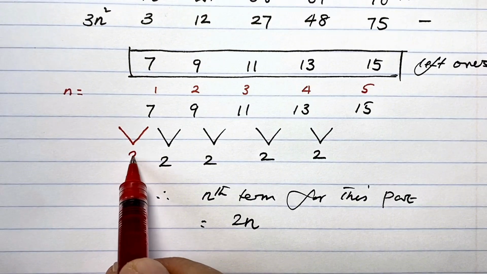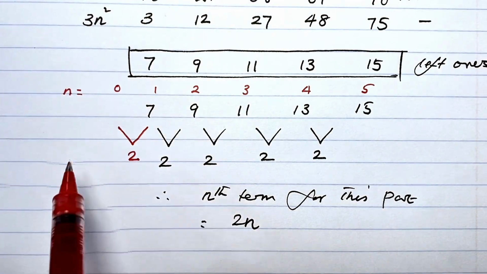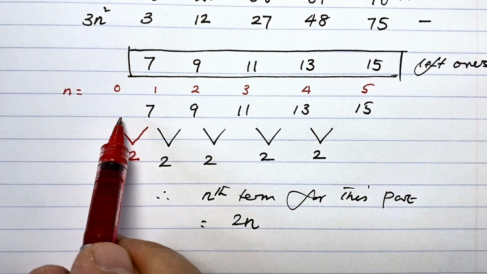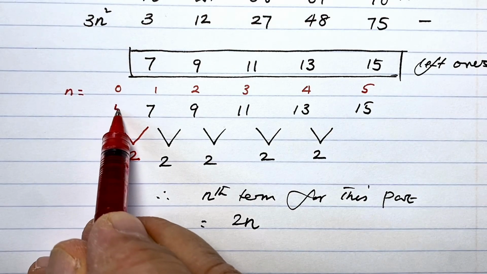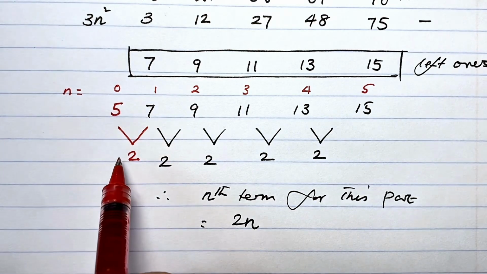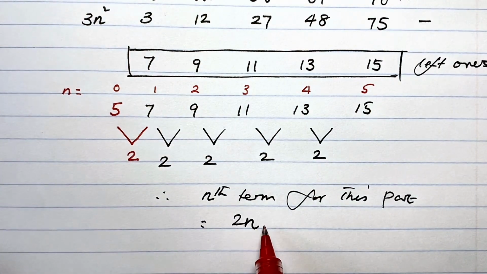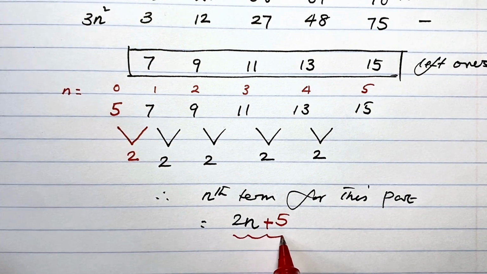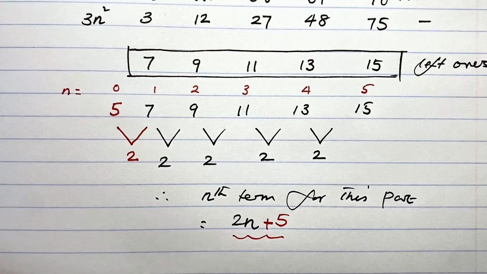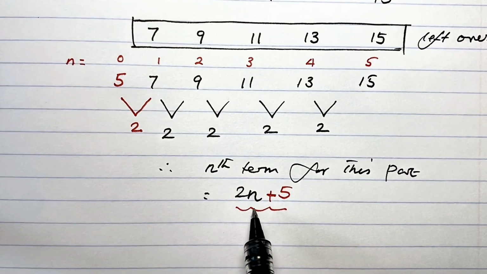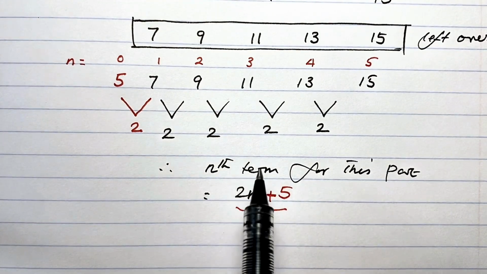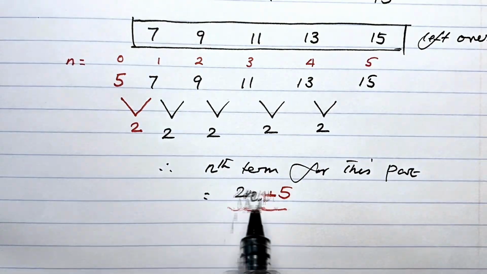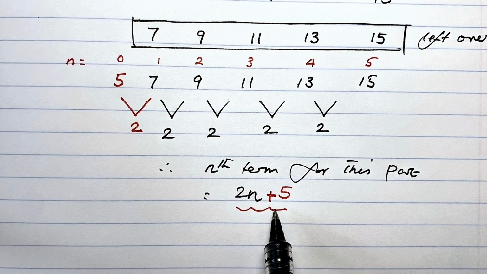Let's go back one step to find the zero term. The zero term would have been 5. 5 plus 2 makes 7. So I'm going to add 5 to my 2n. So the nth term for the leftovers is 2n plus 5.